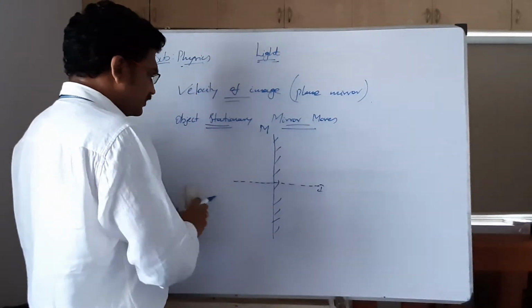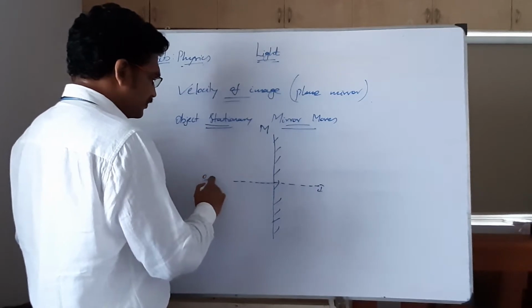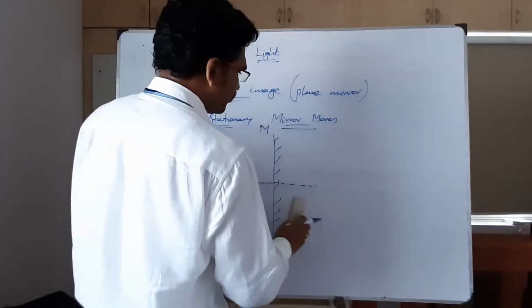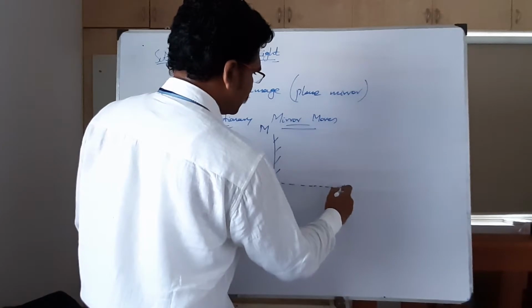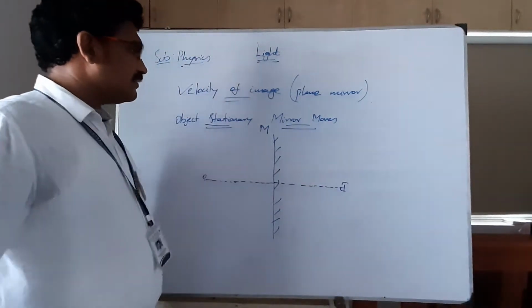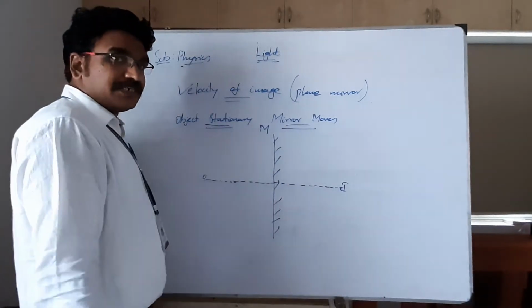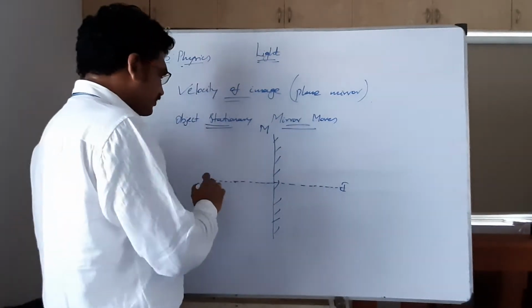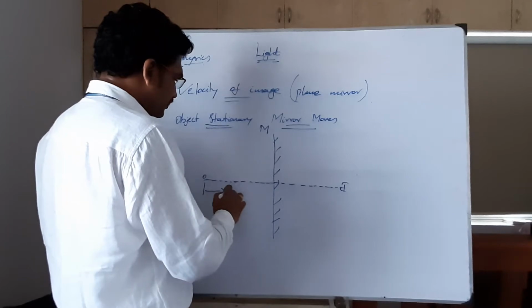Let us extend it, object, and image also extended. Now this is the object and that is the image. The object distance means the distance between the object and the mirror. Let it be x.